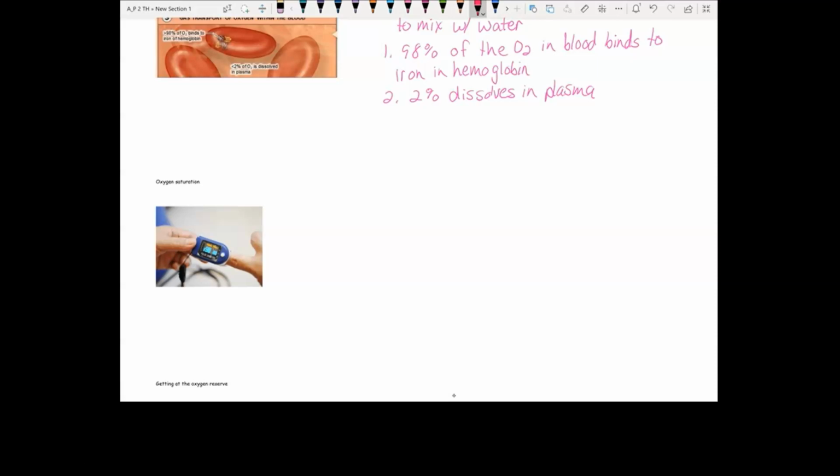This is telling us what percentage of hemoglobins are carrying an oxygen, and this is in arterial blood. Okay, normal is 98%.